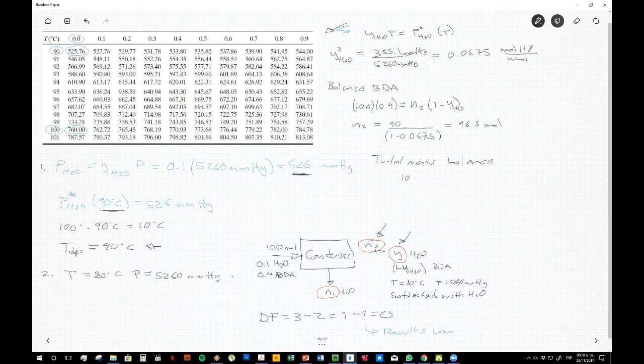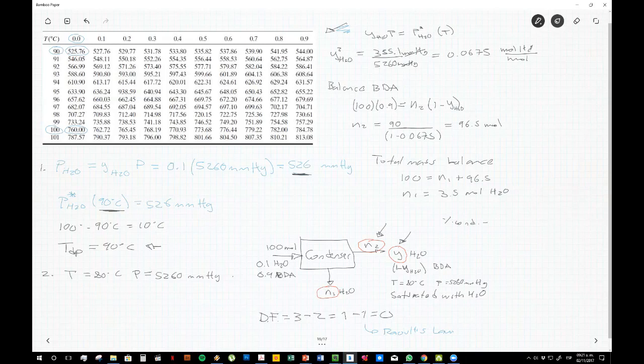So we said that 100 is equal to N1, that we don't know, is the water, plus N2, that is 96.5. And that gives us that N1 is equal to 100 minus 96.5, that is 3.5 moles of water that was condensed, right? And the percentage of condensation is how much was condensed from the water that we had.